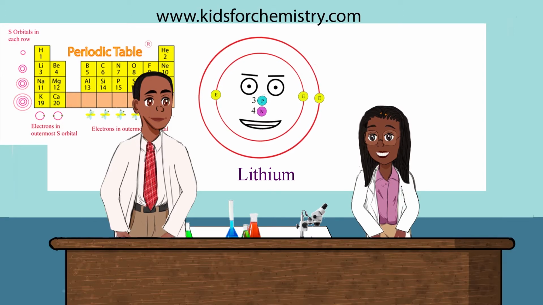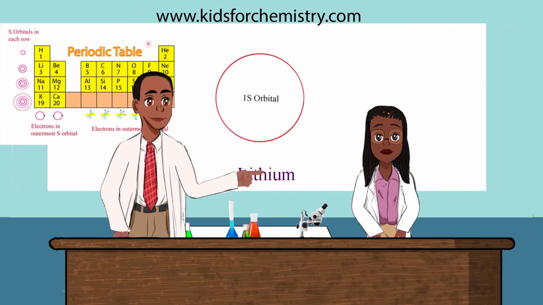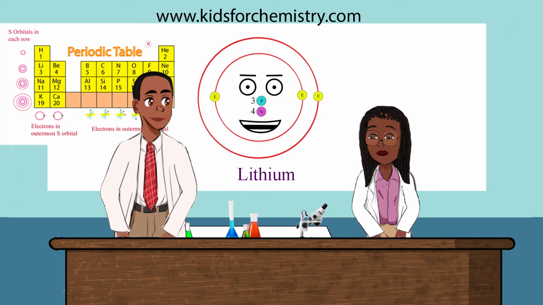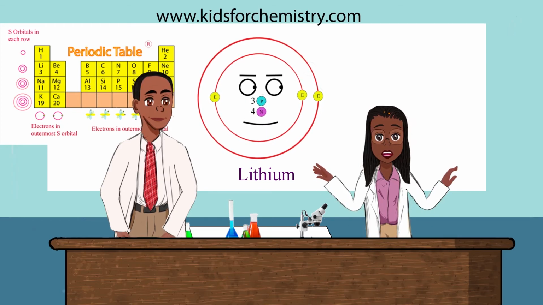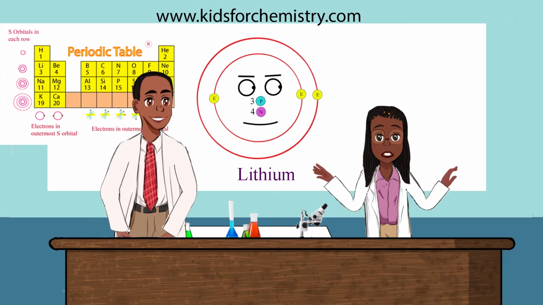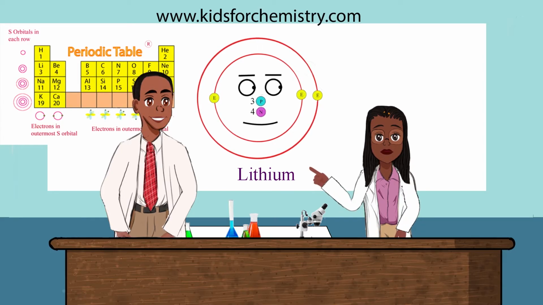What do you think we should call this new s orbital? Well, the first s orbital is called the 1s orbital, so the second s orbital must be called the 2s orbital. That's absolutely right. Now you know the structure of the lithium atom. It has 3 protons, 3 electrons, and 4 neutrons. It has the 1s orbital with 2 electrons, and it has the 2s orbital with 1 electron.